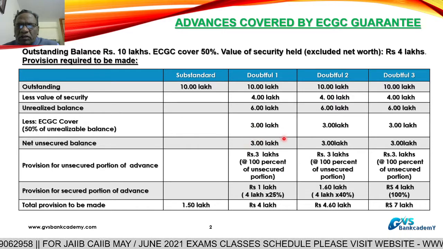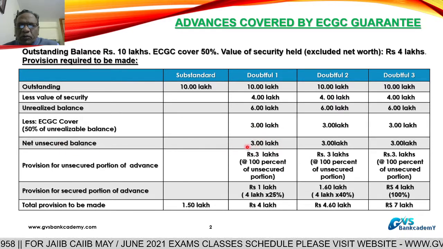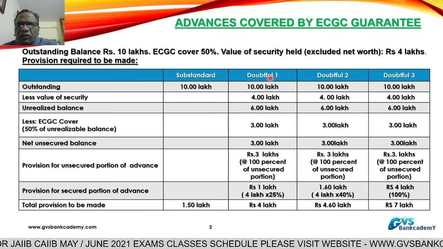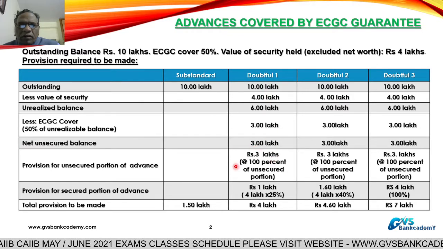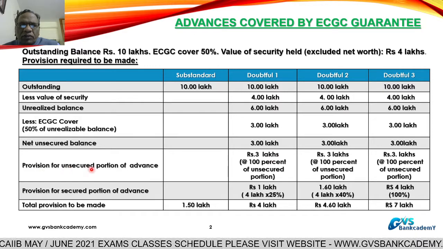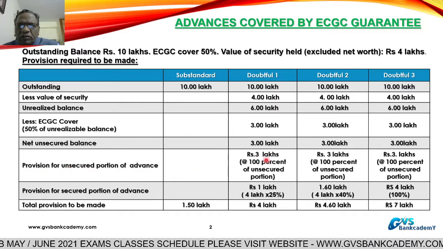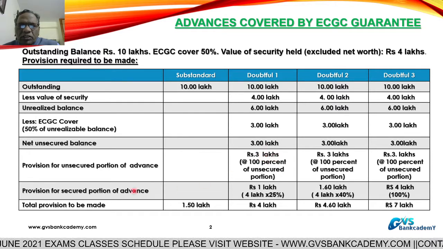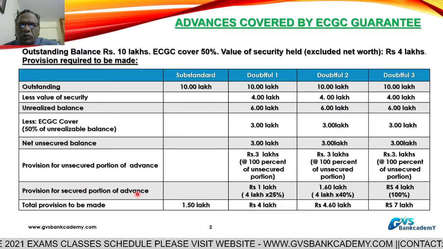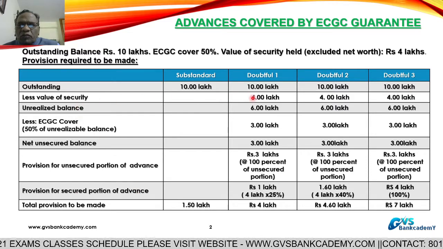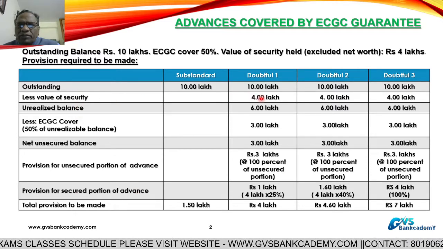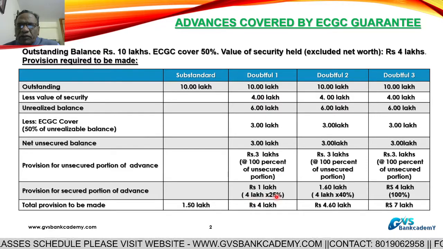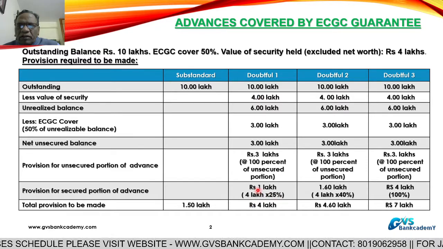This is a loss, so 100% provision is required on the net unsecured balance. This is doubtful 1. Provision for the unsecured portion of the advance is 100%: 3 lakhs into 100%, 3 lakhs. And what is the provision for the secured portion of the advance? The secured portion is 4 lakhs into 25%, which is 1 lakh.